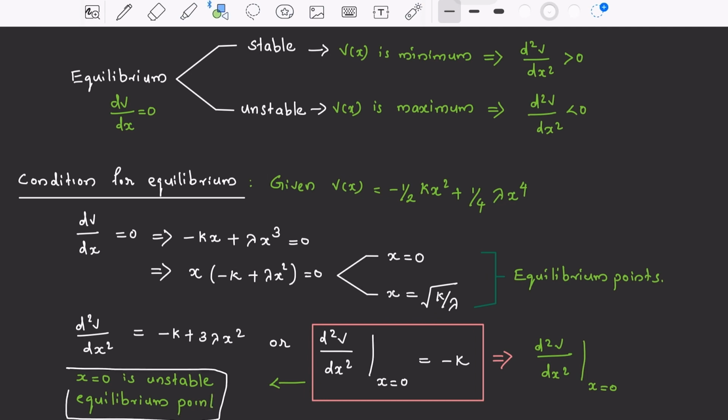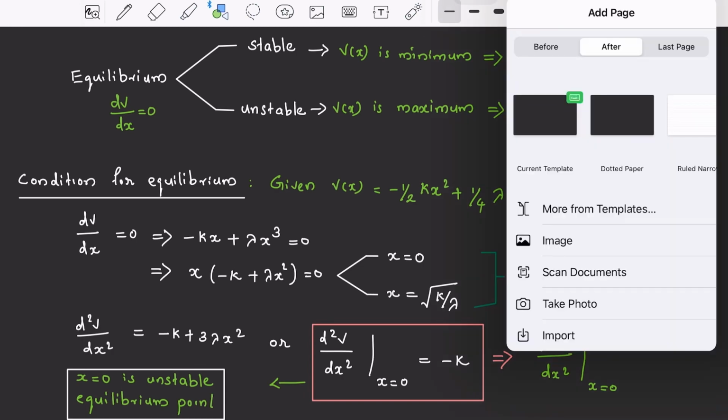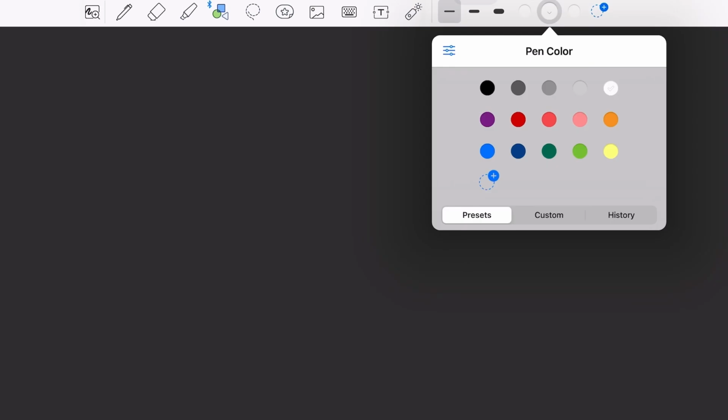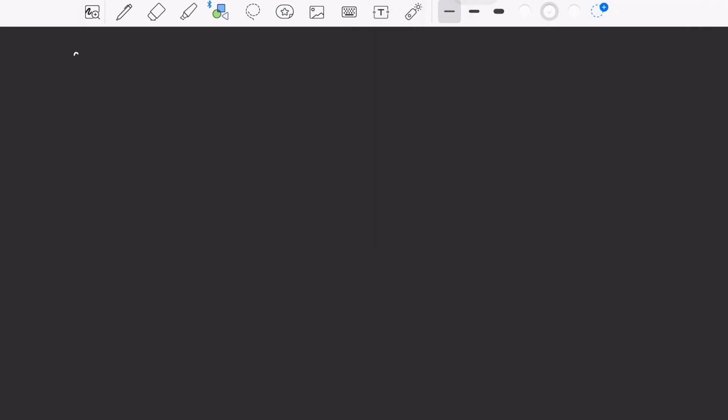Now let us check the second derivative of the potential at x is equal to root of k by lambda, which is also a solution for our equation. Now d square V by dx square, that we already know, is equal to minus k plus 3 lambda x square.